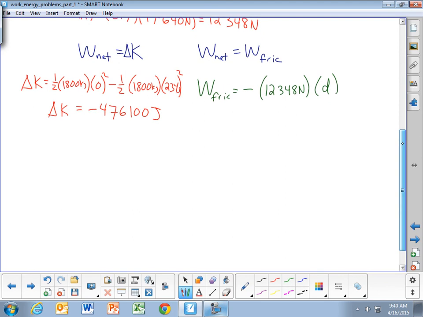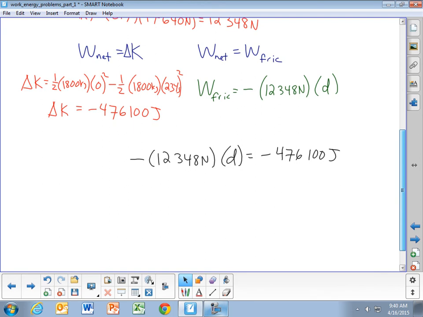So the net work is the change in kinetic energy. The net work is the work done by friction. So that means that negative 12,348 newtons times d equals negative 476,100 joules.